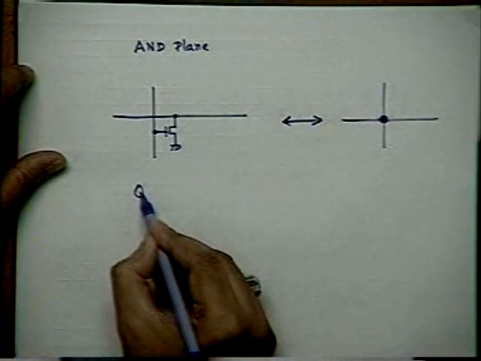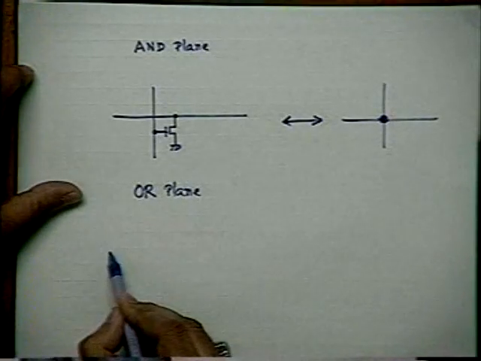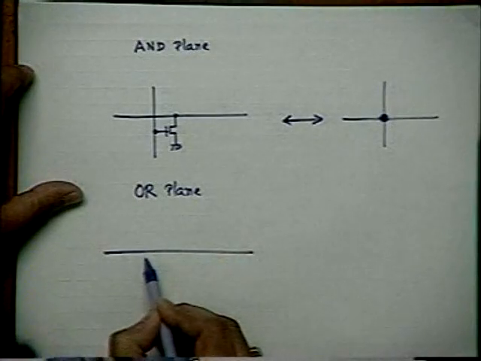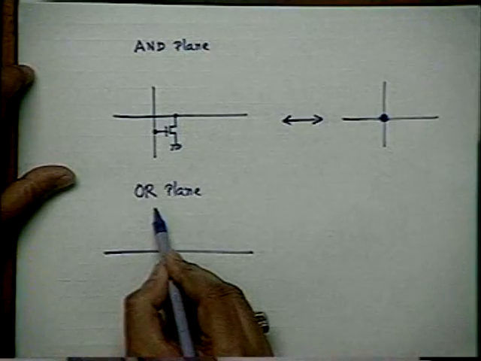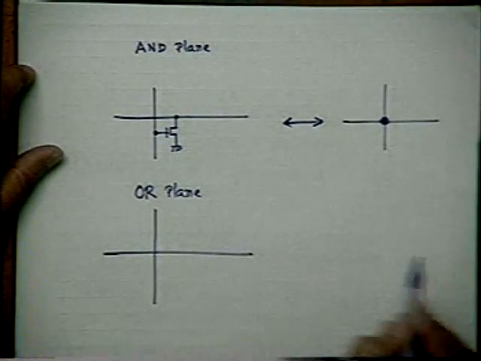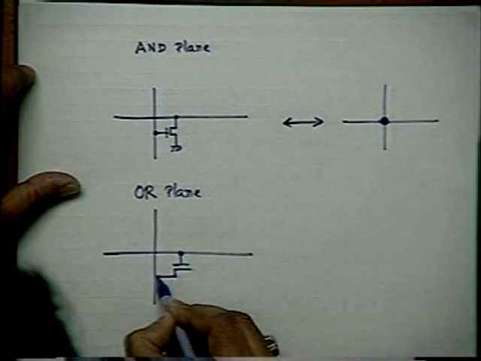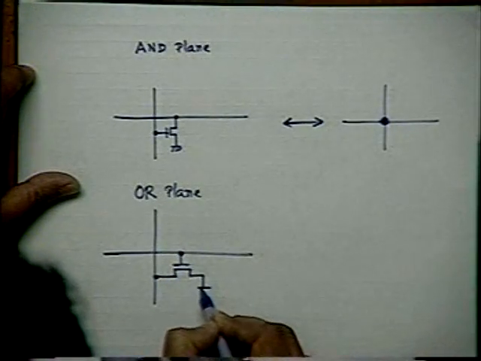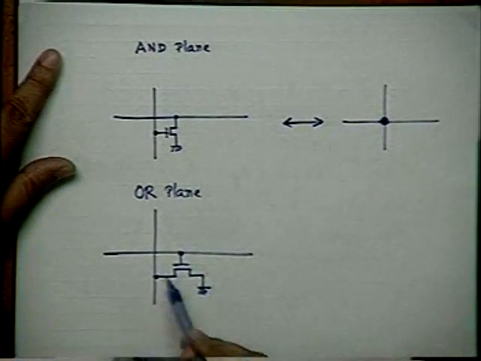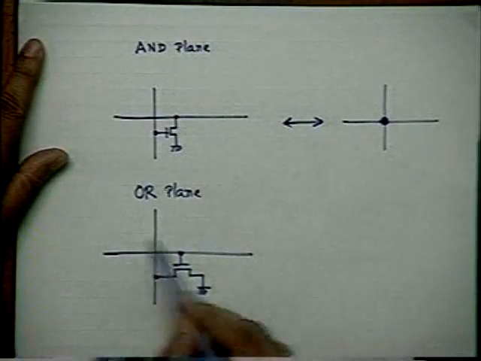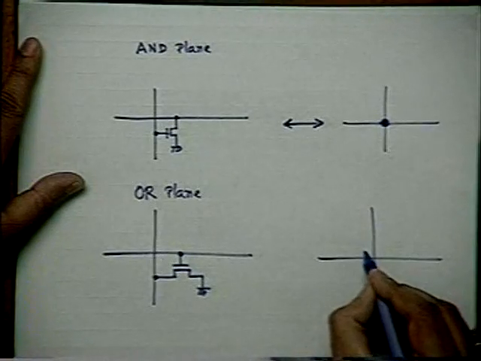Similarly, in the OR plane, you remember we have a row like this, but this row now is the input, and this is the output. I connect my transistors like this. Instead of repeatedly drawing the transistor, I will show it by this configuration.